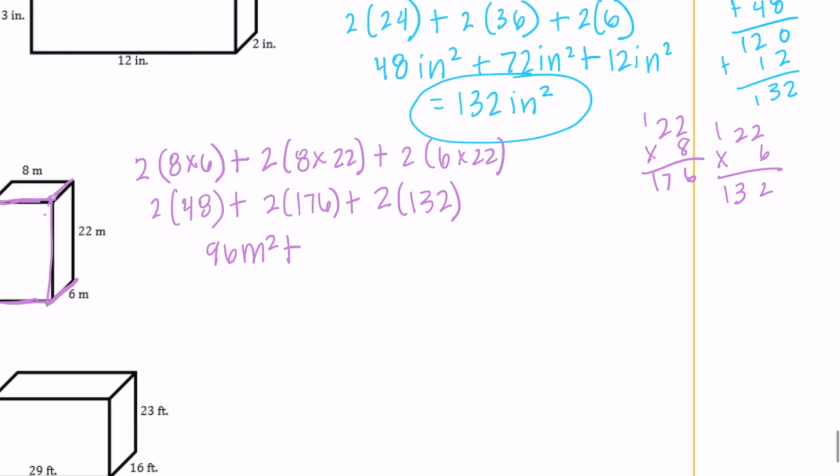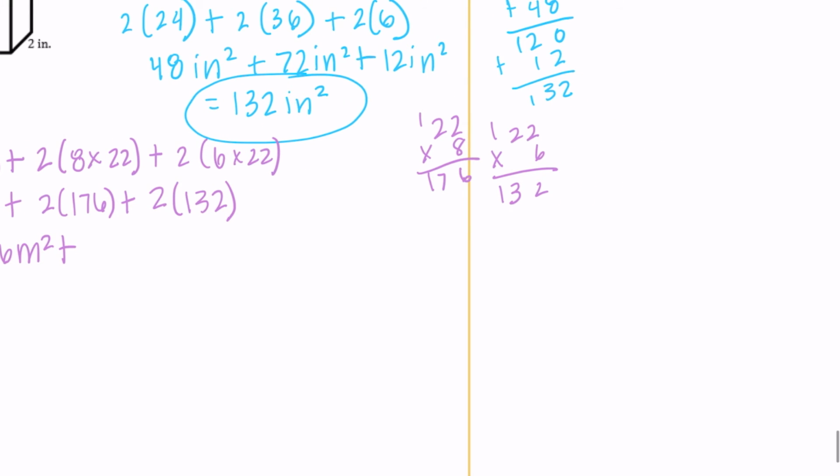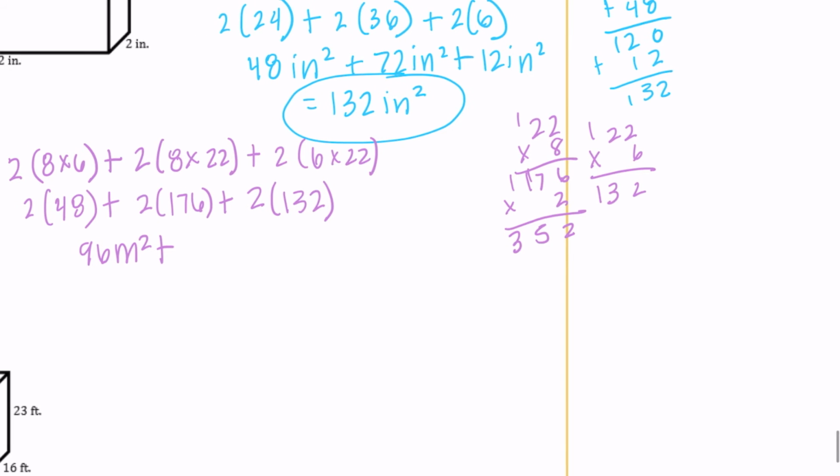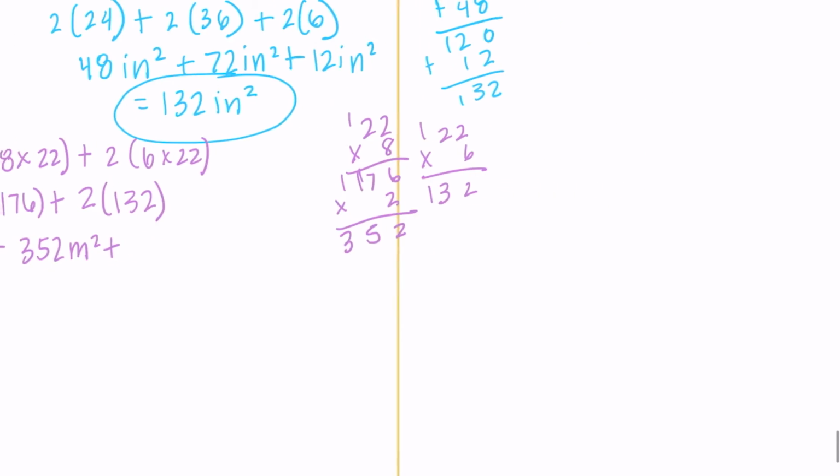Meters squared plus 176 times 2 would be 352 meters squared, plus 132 times 2 is 264 meters squared.